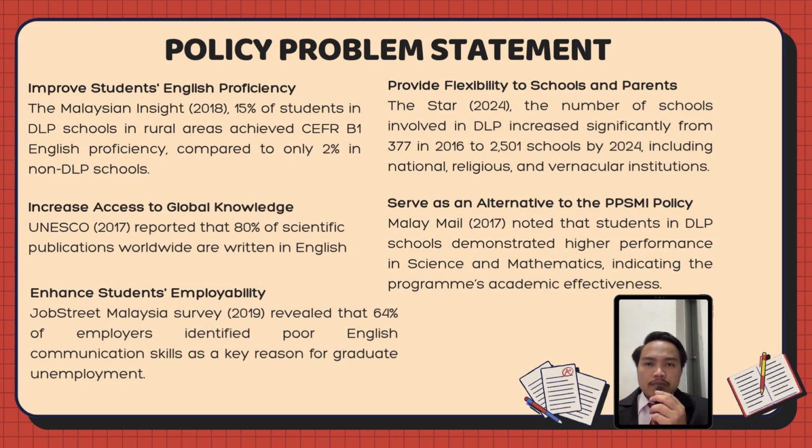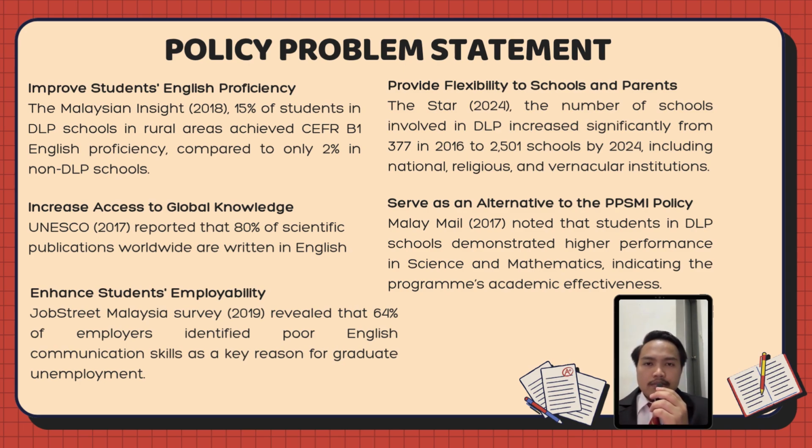The third problem is to enhance students' or graduates' employability. In an increasingly competitive and globalized job market, English proficiency is no longer an advantage. It is a necessity. A Job Street Malaysia survey in 2019 revealed that 64% of employers identify poor English communication skills as a key reason for graduate unemployment.